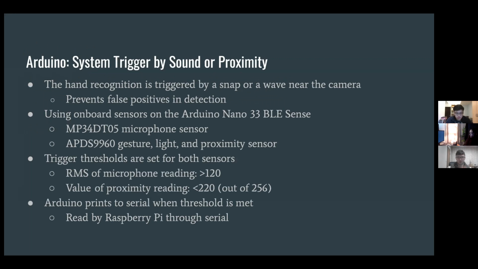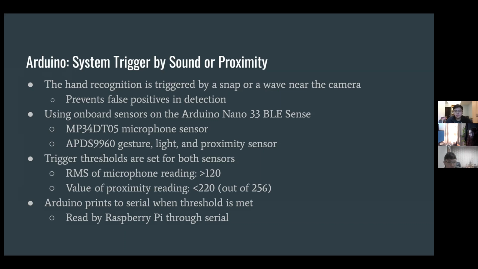For the hardware, we need to combine what the model did and integrate all the different parts together. We start with the Arduino, which is the system trigger of our whole pipeline. It can be triggered by a snap or a wave, which is detected by a microphone sensor or the proximity sensor that we have on board the Arduino.